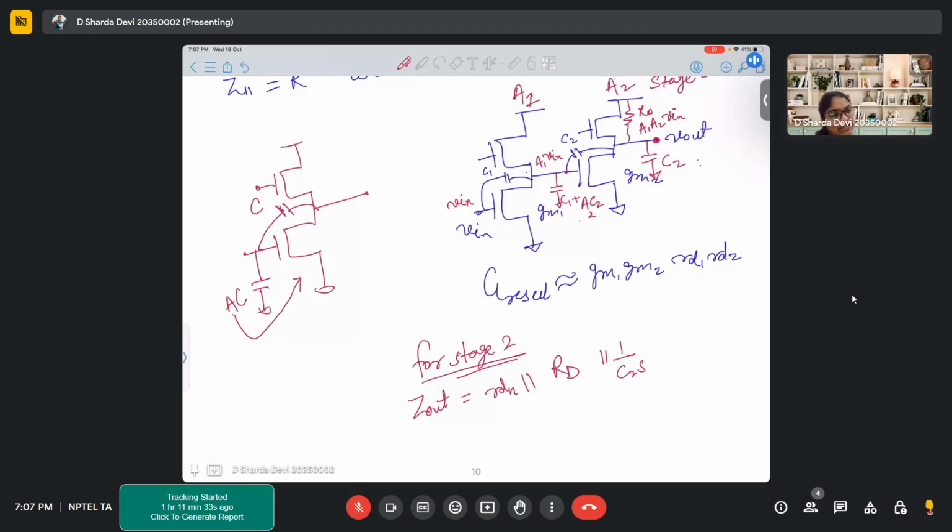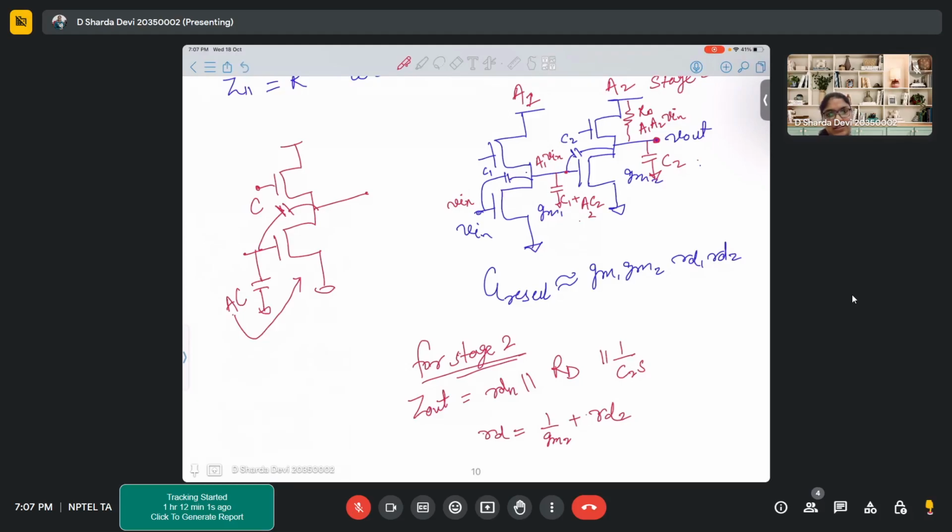Other than that, will there be any other term coming into the picture? Won't 1 upon GM2 come in the picture? Are you considering RD to be 1 upon GM2 plus RD2?